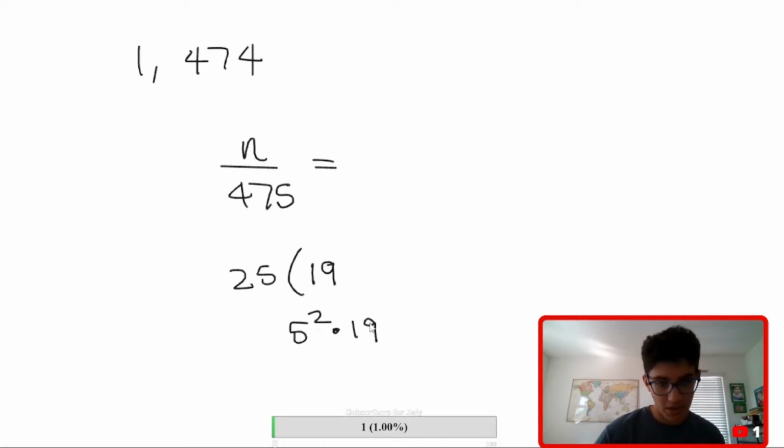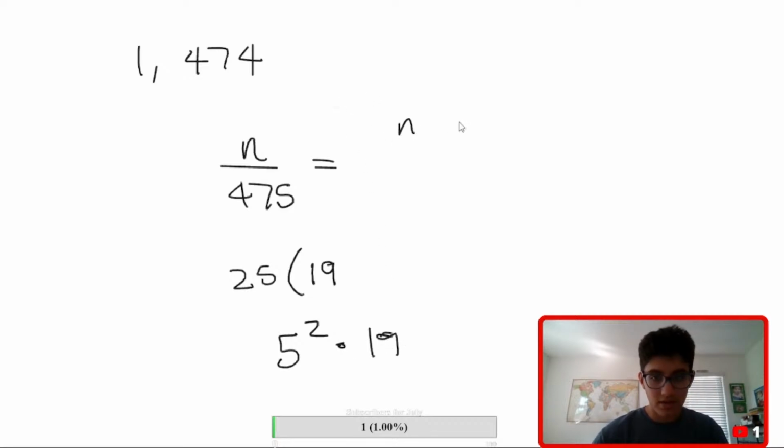I think that's right? 25 times 20 is 500 minus 25, so yeah, 5 squared times 19. So we need n to be a multiple of 19. N is a multiple of 19, and that's basically the only constraint, right? Is there anything else?